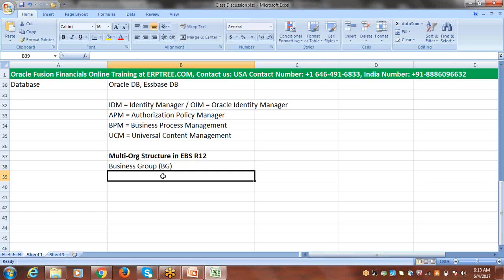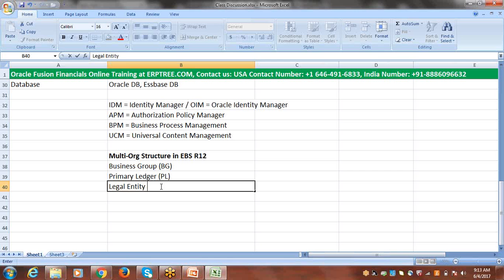Under BG we can have the primary ledger, PL. Under the primary ledger, legal entities, and under the legal entities, operating units.